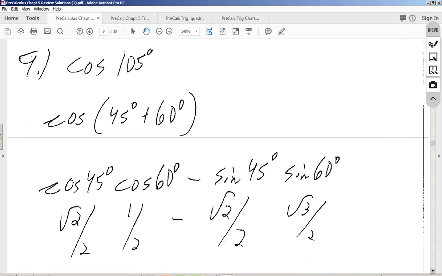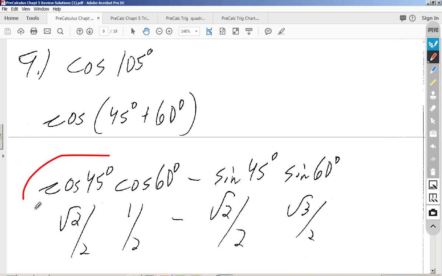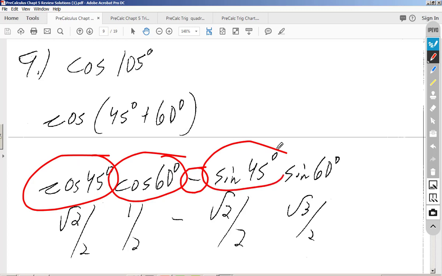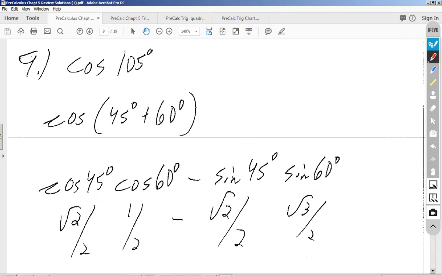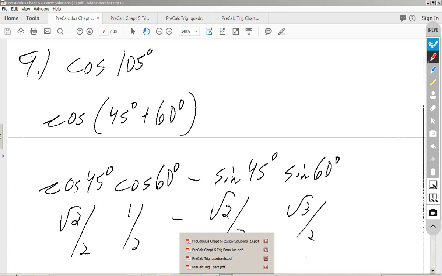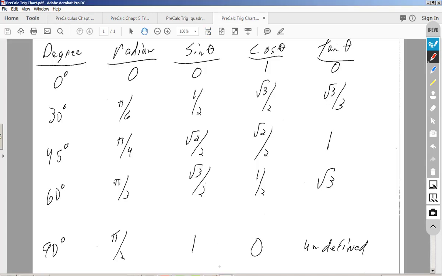And so now notice that this is the cosine of 45, cosine of 60, and then the formula says there's a subtraction sign there, and it's the sine of 45, sine of 60. So now that I've separated that out, I can go back to my formula sheet right here and find all those answers. So here's my trig chart. So notice I had the cosine of 45.